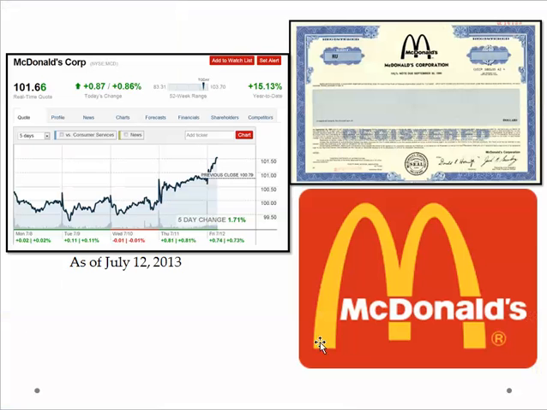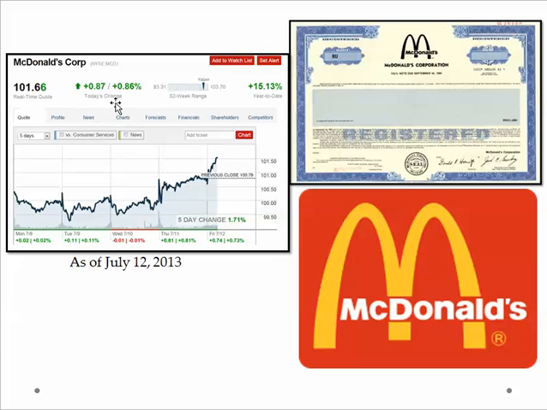So if we look here at McDonald's, and let's say you want to buy some stock in McDonald's, they would take your money and invest it in their business. Open up another line of product, or spend it on toys to try to get families into McDonald's to eat, whatever. But anyway, as of July 12, 2013, while I'm doing this video, each one share of McDonald's stock is sold at $101.66.